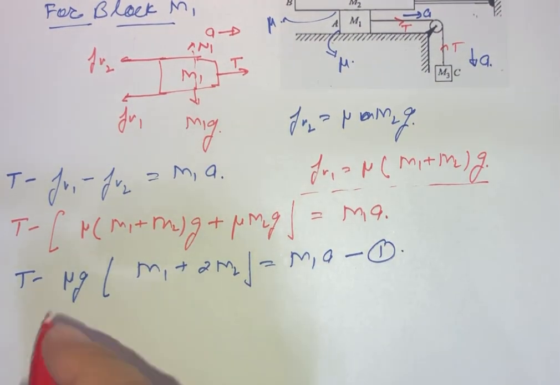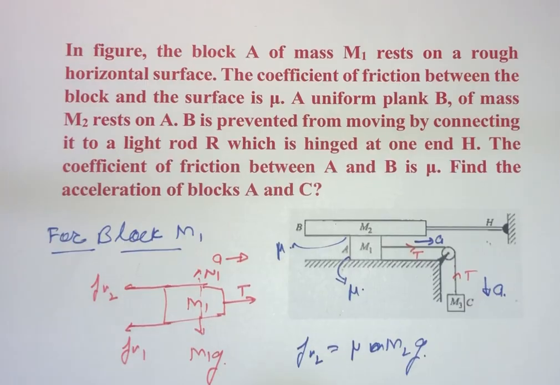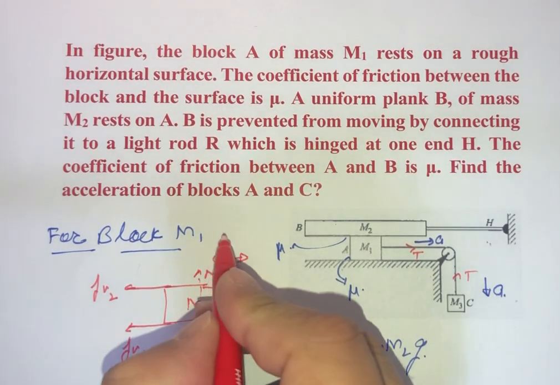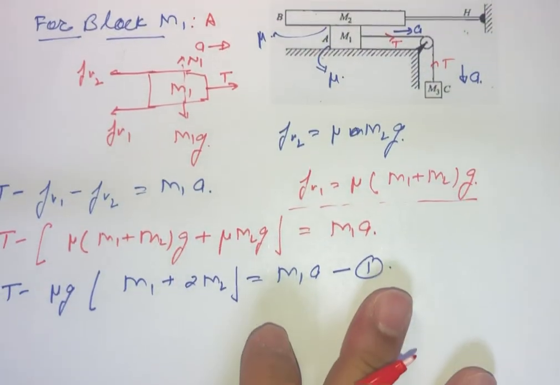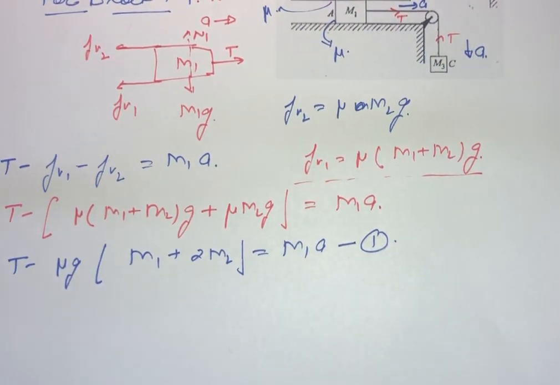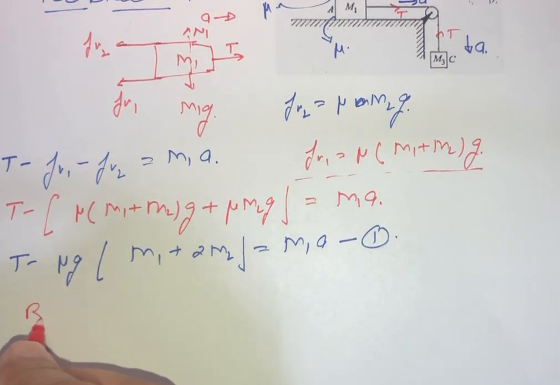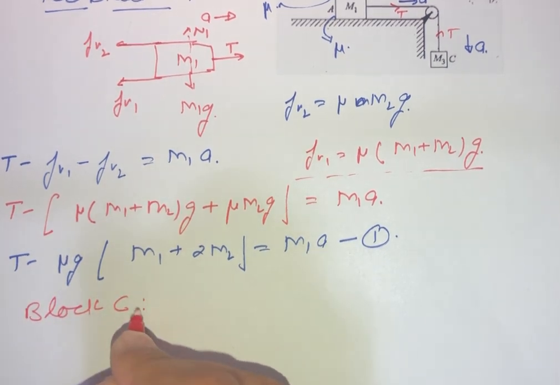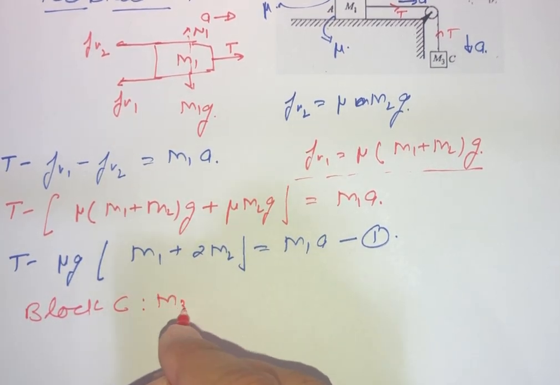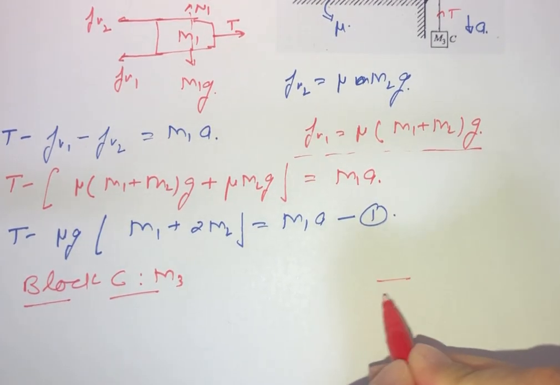Similarly, we can write for block C. Okay, so this was block for M1, which is A, and similarly we can write for block C, whose weight is m3, and its free body diagram.